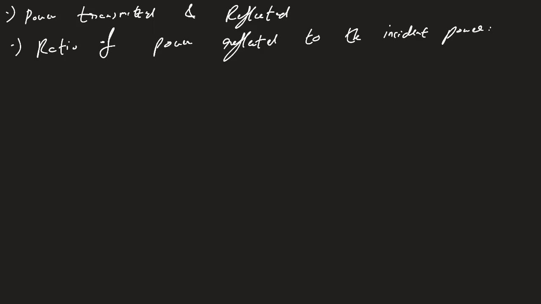So the reflected power is proportional to the square of the amplitude, the square value of V minus, right? I mean, we can imagine there's some proportionality there. And similarly, the incident power PI can be assumed to have some proportionality with V plus squared, right?